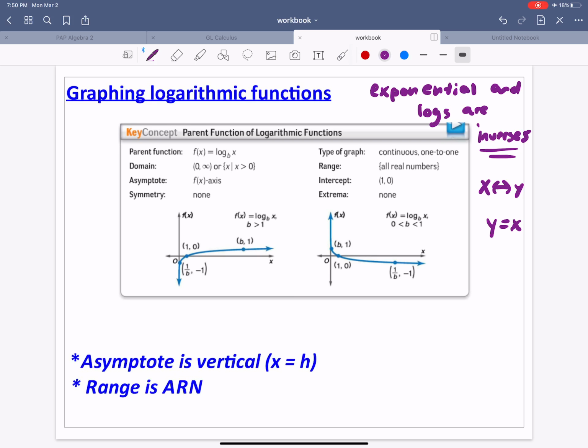So graphically, what that changes on our graphs of logarithmic functions is that we still have an asymptote, but here the asymptote will be a vertical asymptote instead of horizontal like it was in the exponential functions.